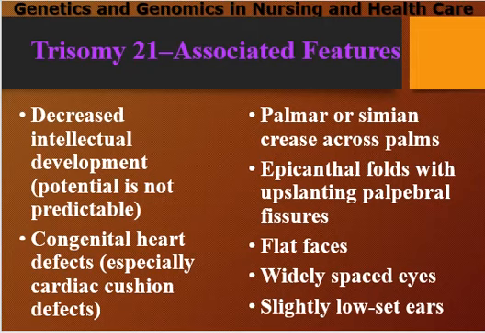There is a variable amount of decreased intellectual development. The potential for that is really not predictable because it depends on the environment and what kind of resources they have to help these children be as optimal and functional as they can be. They commonly have congenital heart defects, especially a cardiac cushion defect.